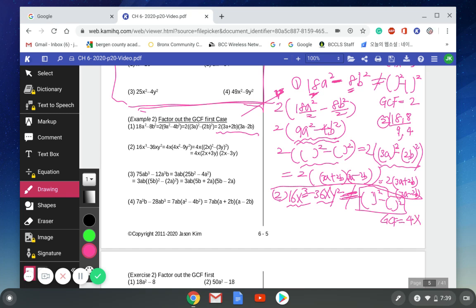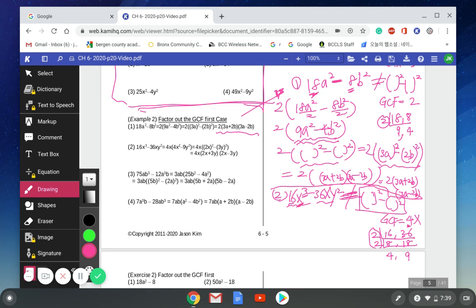Can you see that? 16 and 36: 2 goes there 8 times, and 2 goes there 18 times. And 2 goes there 4 times, 9 times. And no more common factors, so 2 times 2 is 4. So that's how you find that 4.